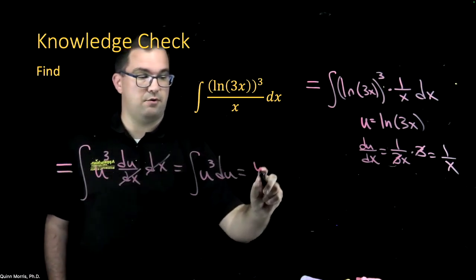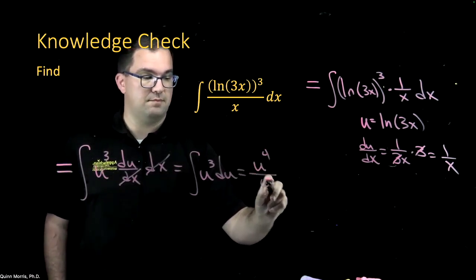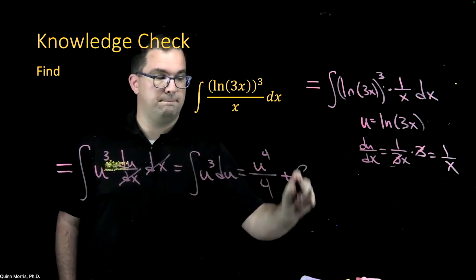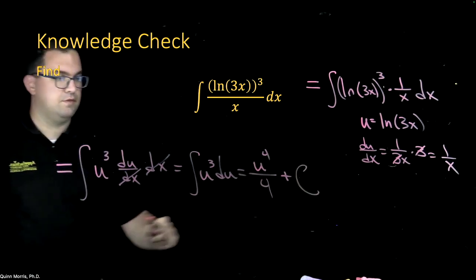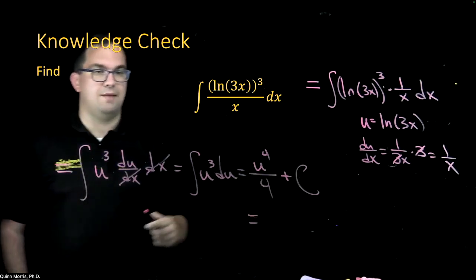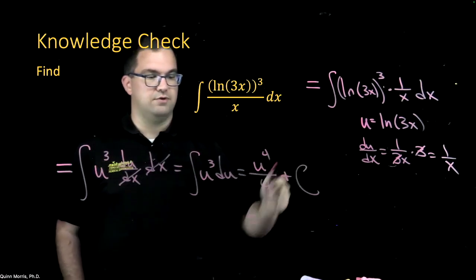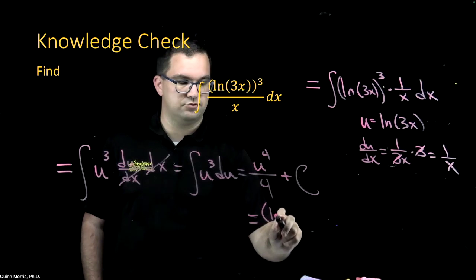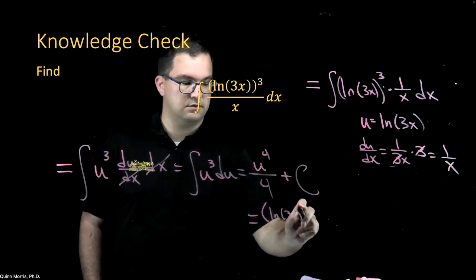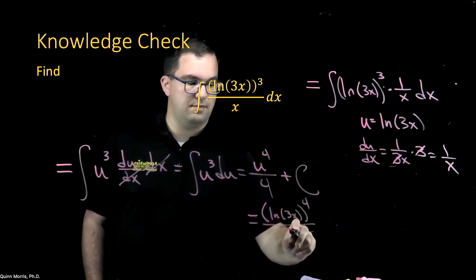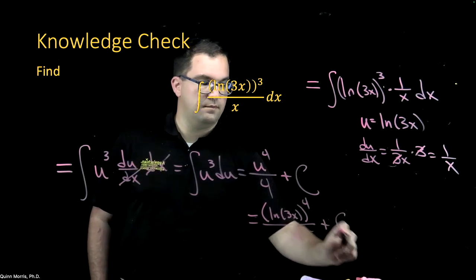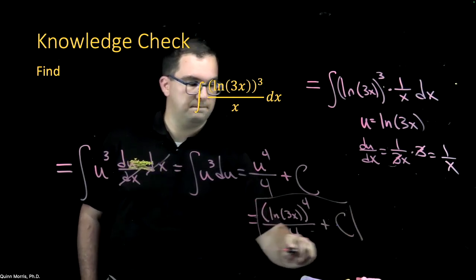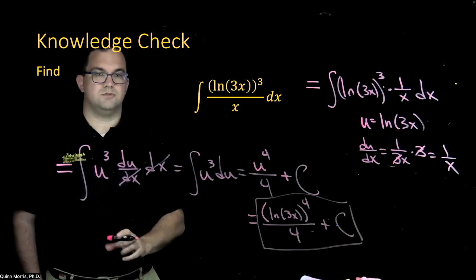So I'm going to increase the power by 1, divide by the new power, plus c. And then I just remember that I made up the u. I need to switch back to my original variable. So this is really natural log of 3x to the fourth divided by 4 plus c. And that is my final answer.